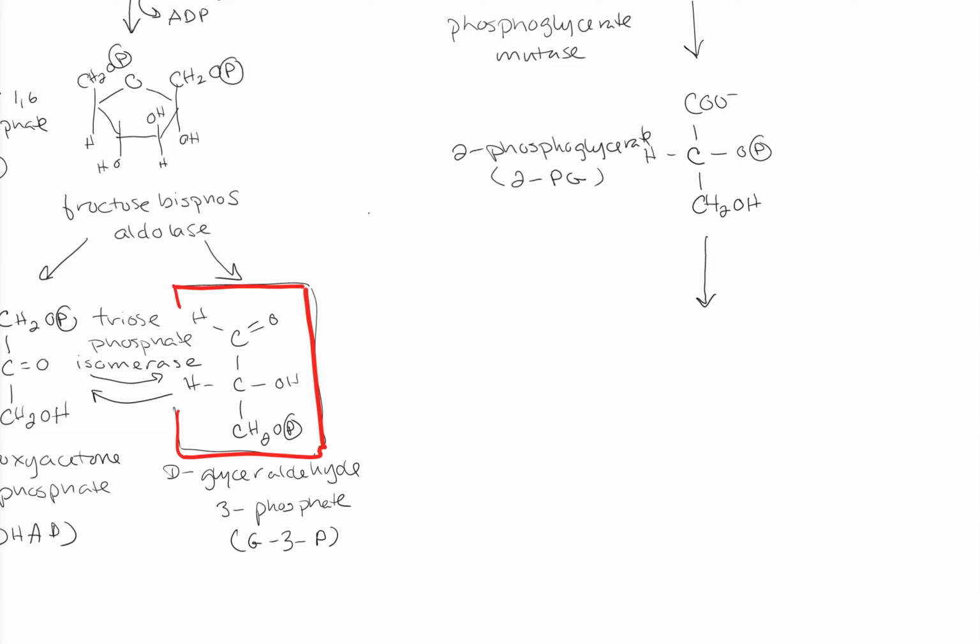From 2-phosphoglycerate, we're going to perform an enolase reaction using enolase enzyme. And what's going to happen is, in the presence of our cofactors, we're going to be shedding an equivalent of water, and the cofactors include potassium and magnesium.